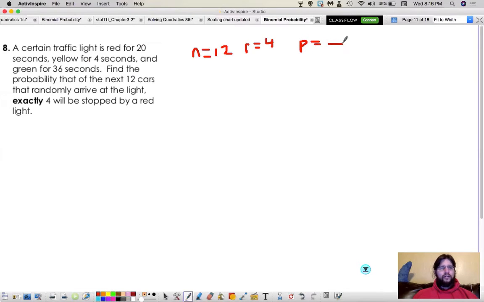And of those 60 seconds, it's red for 20 of them. I am going to simplify that. That's 1/3. So q will be 2/3. In actuality, I don't like this problem, but we see what they're trying to do.